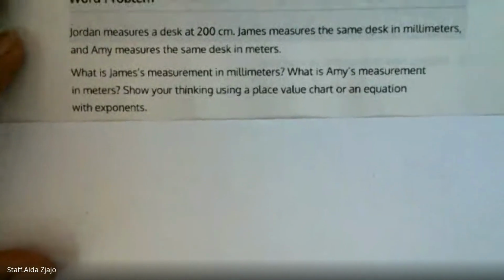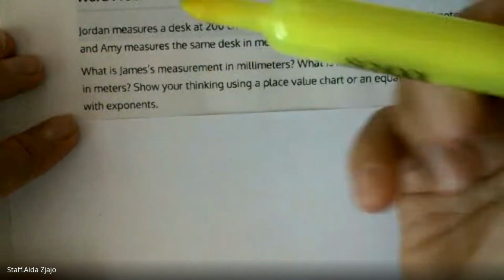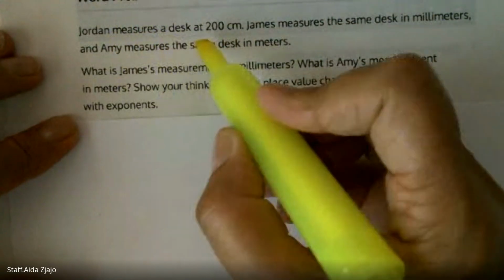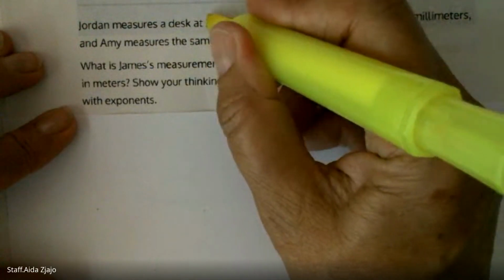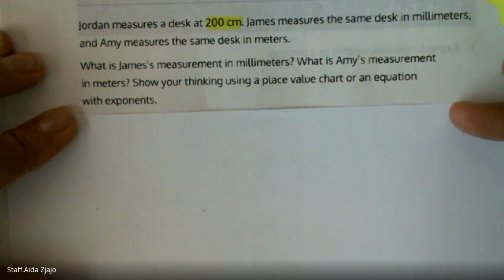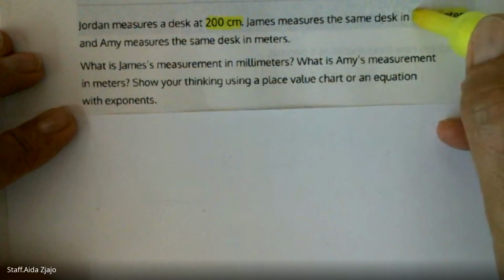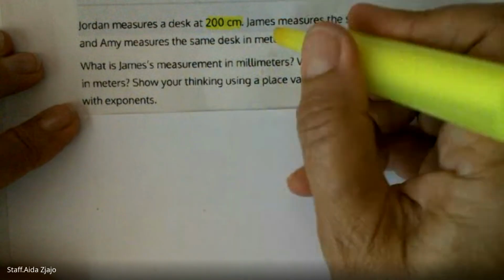Okay, let's see what they want us to do. Jordan measures a desk, 200 centimeters. James measures the same desk in millimeters. And Emmy measured the same desk in meters.